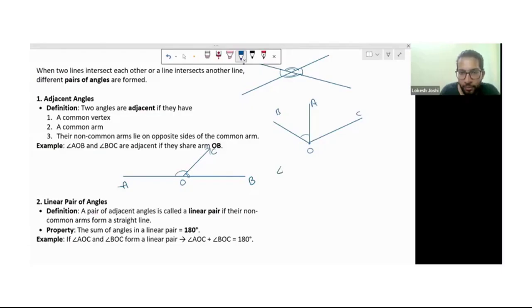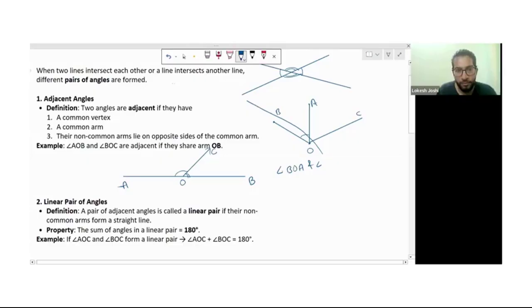We have to start from one point, it's B. Then we have to write the vertex O. Then we have to write the end of the common arm, which is A. So we can say angle BOA and angle AOC, which is this one, are adjacent angles.